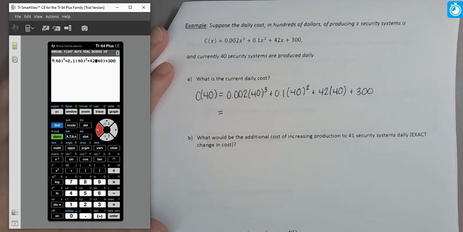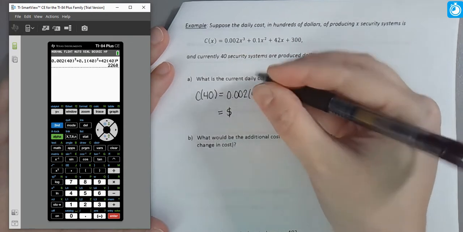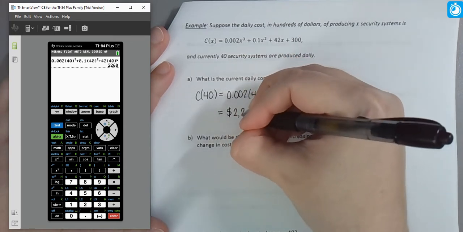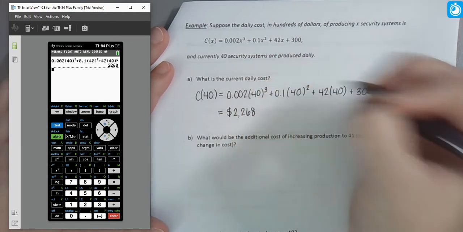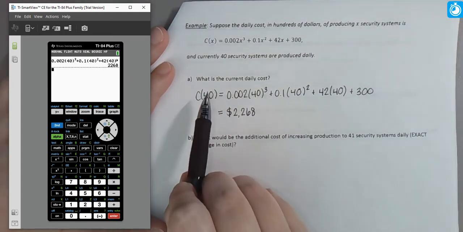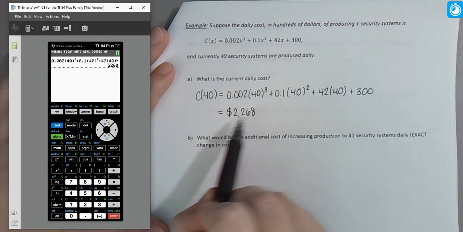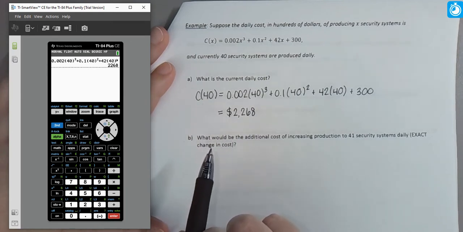Okay, 300, 42 times 40, 0.1, 40 squared, 0.002, 40 cubed. That looks good. So there we go. What are we talking about in terms of units? We're talking about cost, so we're talking about currency. $2,268. So that is the total cost for producing the 40 systems per day.